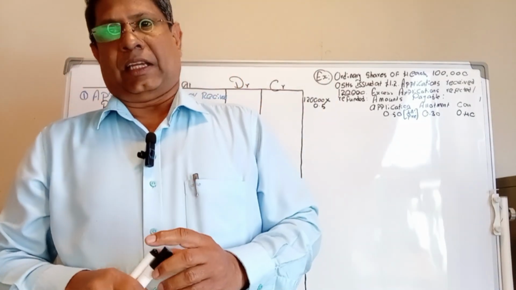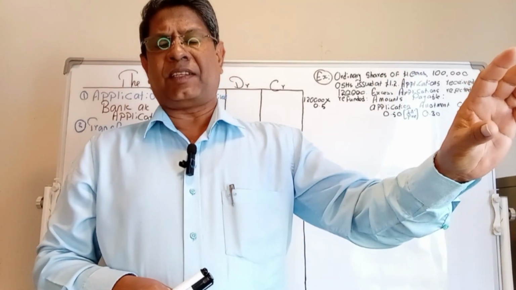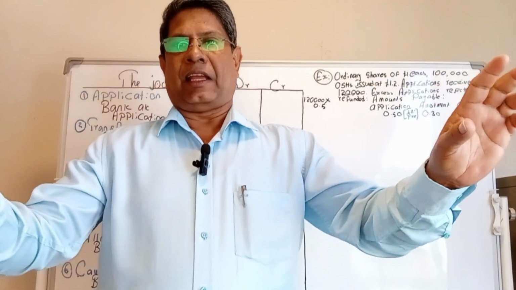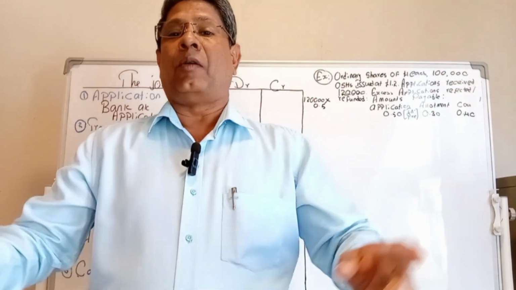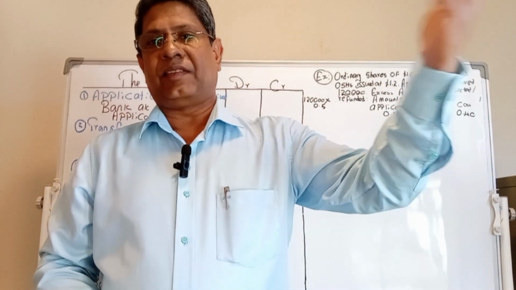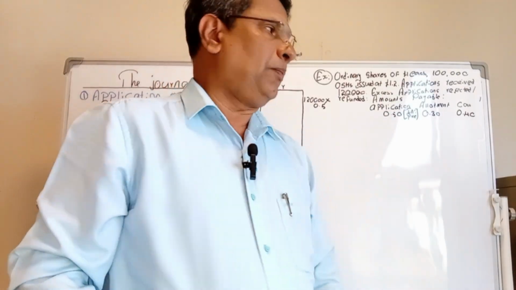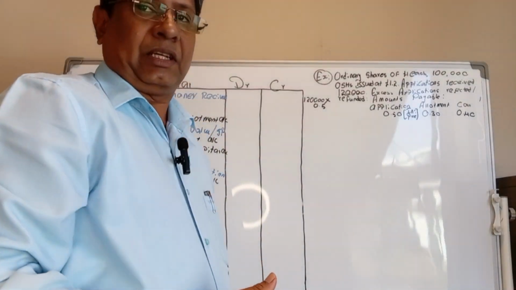Now what happens here? I told you in my IPO process, prospectus done. Investors have seen exactly how many shares they are going to buy, and they start sending the application forms and also the application money. So the company is going to get now 120,000 times 0.5, 60,000 pounds.